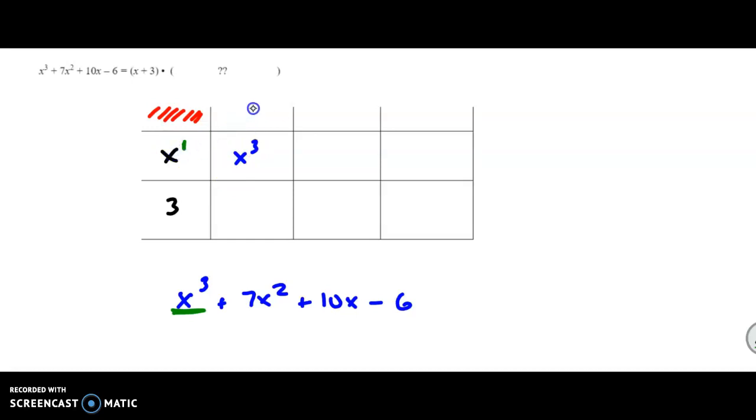And so this must be x squared, because x times x squared has got to be x to the third. All right. Now, since we know this is x squared, now we're going to multiply this times the 3, and that's going to give us 3x squared.